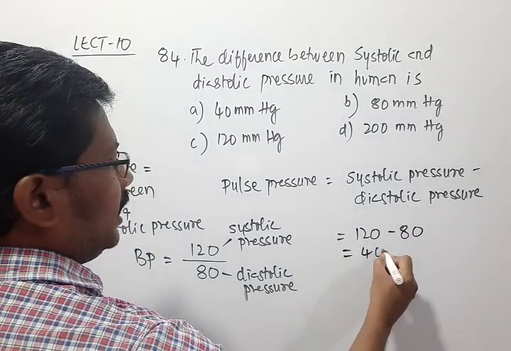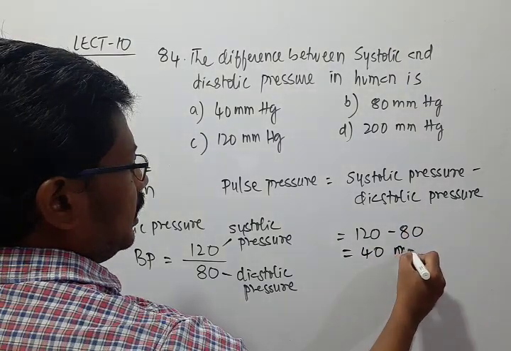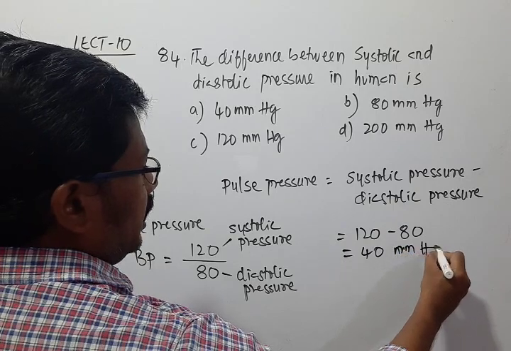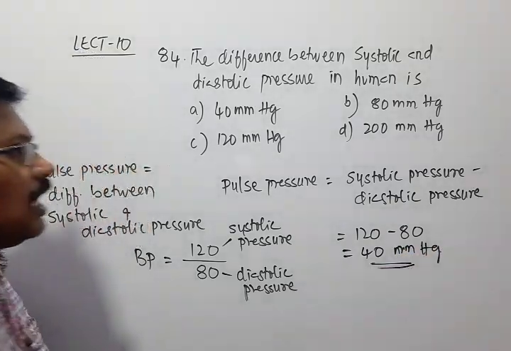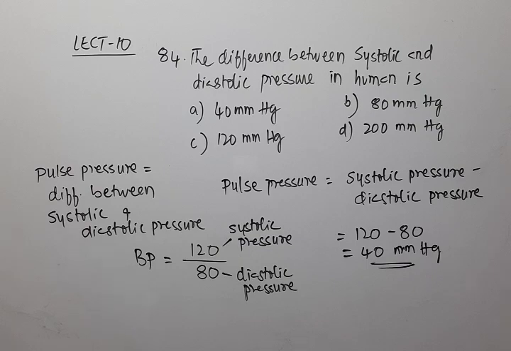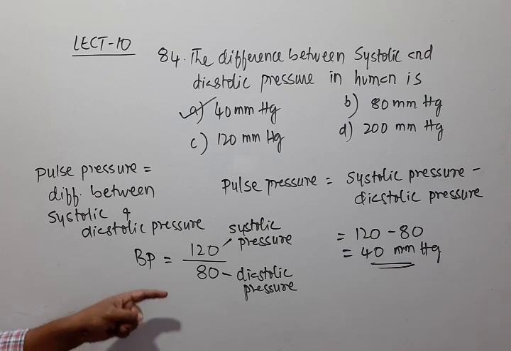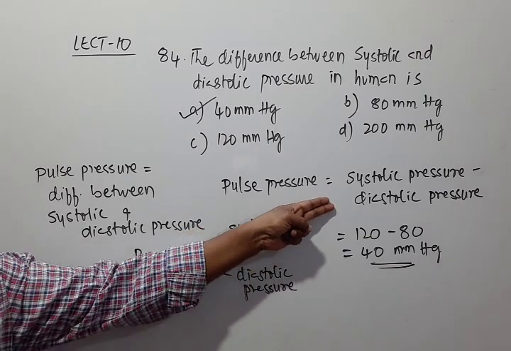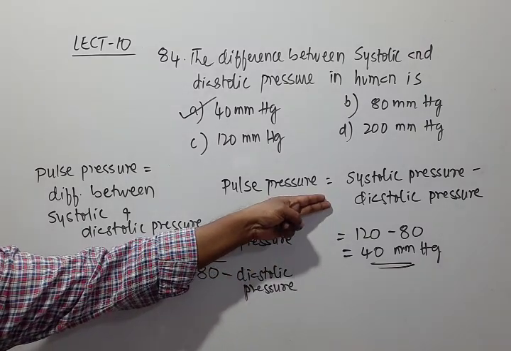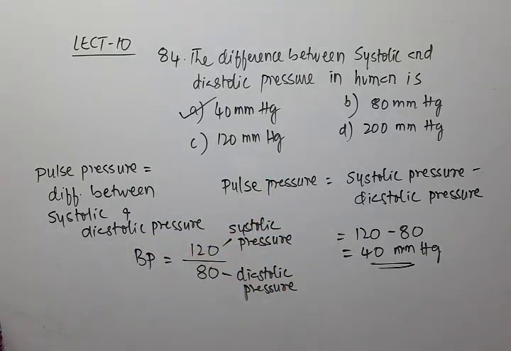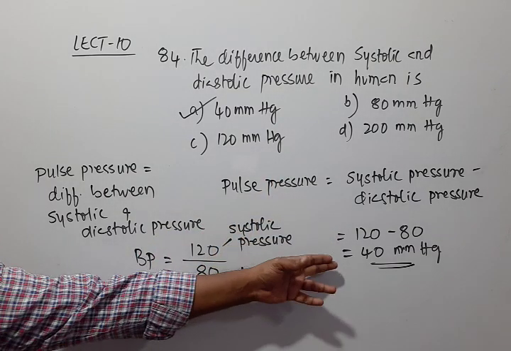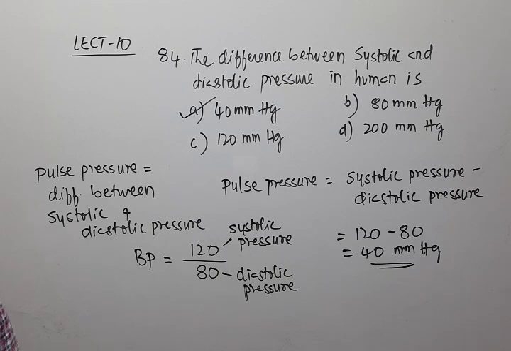So you have 40 mm Hg. So the answer is 40 mm Hg. So for the difference between systolic and diastolic pressure in humans, you need to take the normal blood pressure and use this formula, the systolic pressure minus the diastolic pressure, and you will get a value of 40 mmHg.